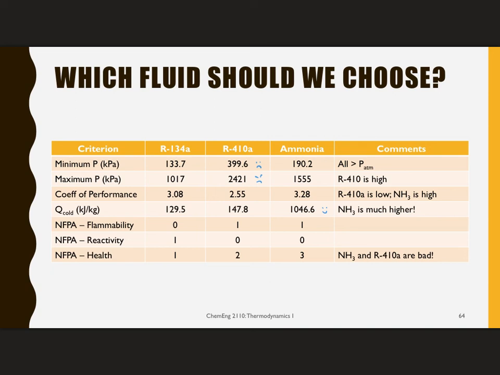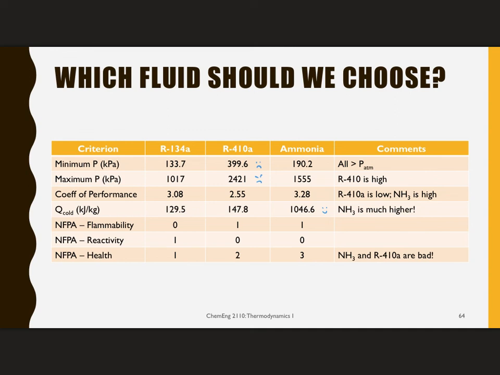Now I also looked up the SDS sheets on each of these chemicals, and just the basic easiest information. So the flammability rating for R410 and ammonia is a 1, which means it can catch fire, but it's not likely to be a serious danger. Reactivity, R134A is a 1. Health is kind of the big one.